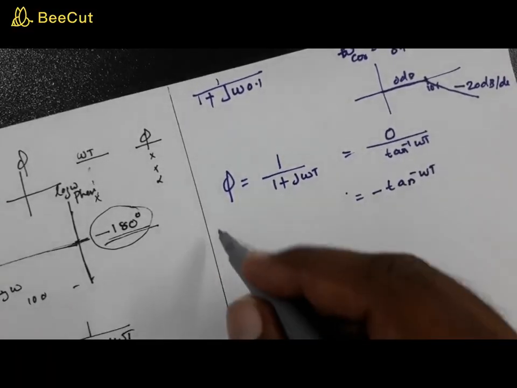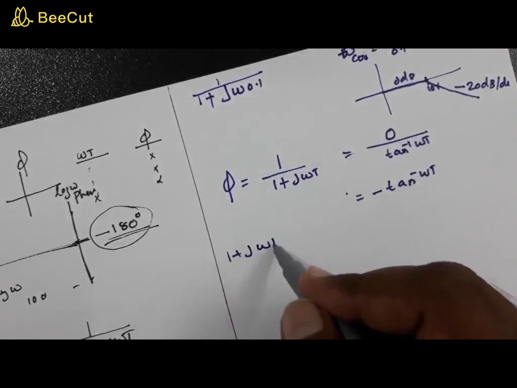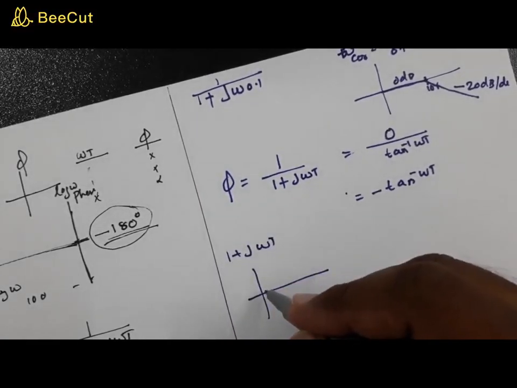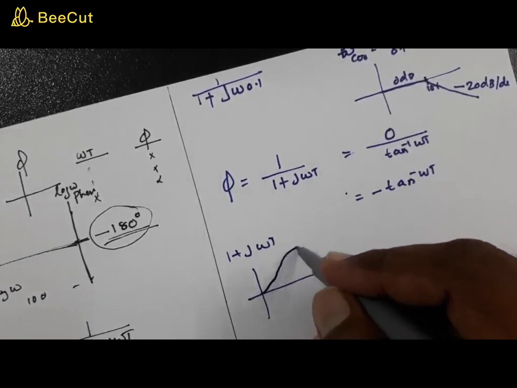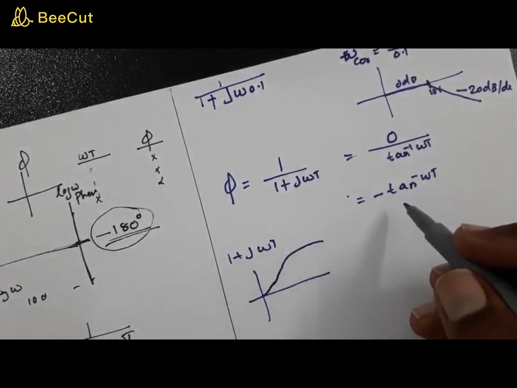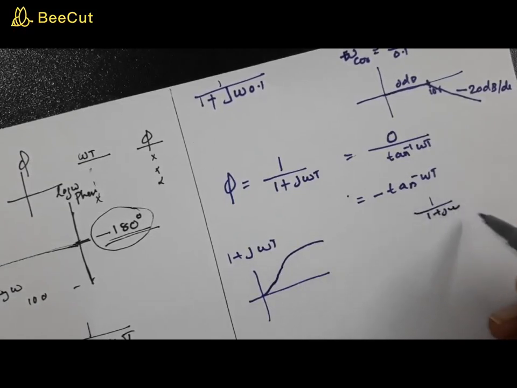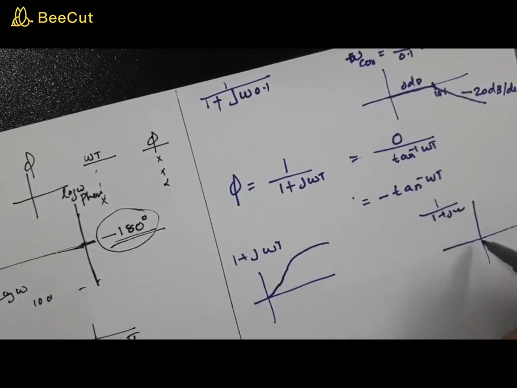So for example, if 1 plus j omega t is plotted, you may be getting a graph like this. And in 1 by 1 plus j omega t, the phase is exactly in the reverse direction, so this is going to be like this. This is minus 45 degrees.